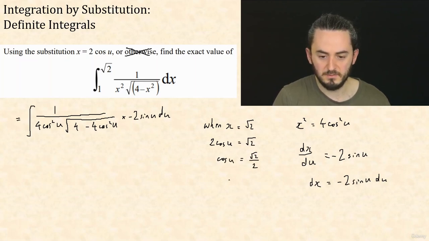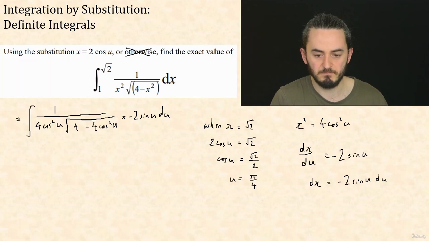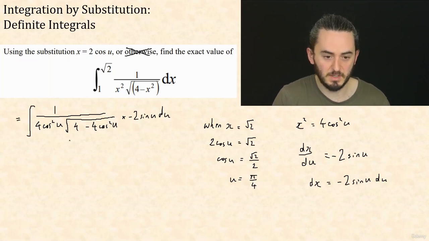And you should take the first positive solution. So obviously there are infinite solutions to cos u equals root 2 over 2. Take the first positive one you can find. So for us here, that's pi over 4. So cos of pi over 4 does equal root 2 over 2. I just did inverse cos of that. So that's my limit up here. My limit up here becomes pi over 4.